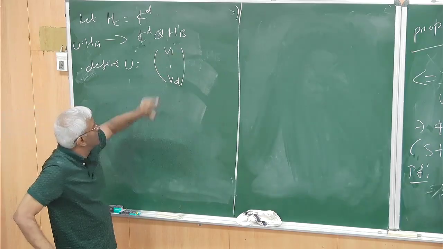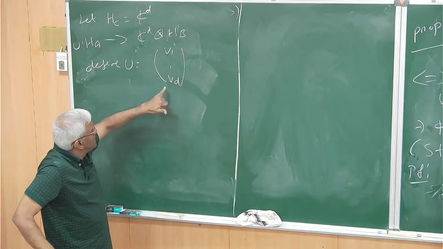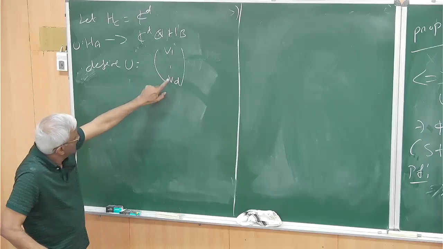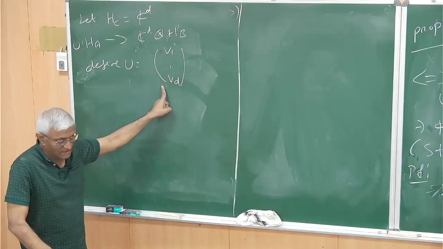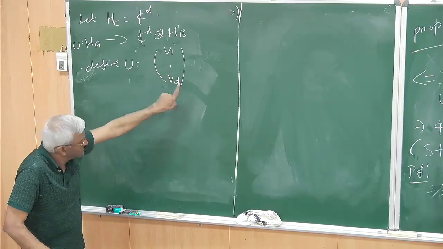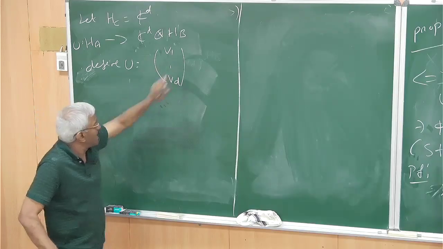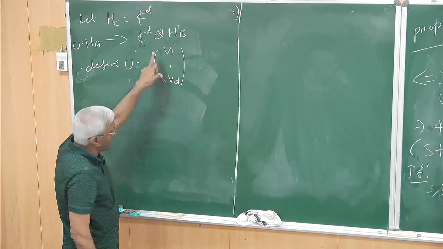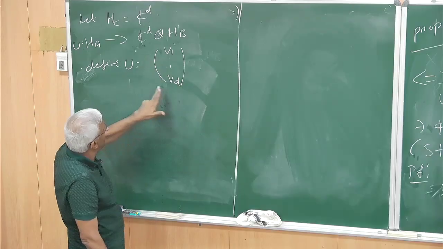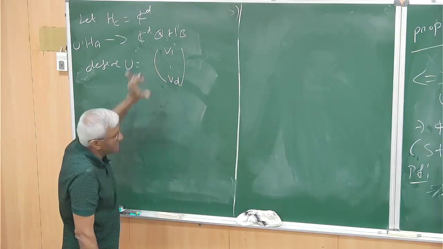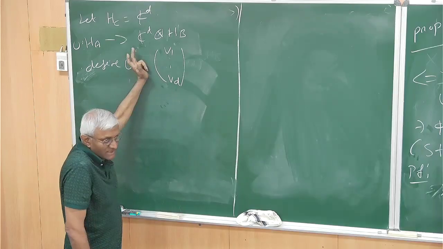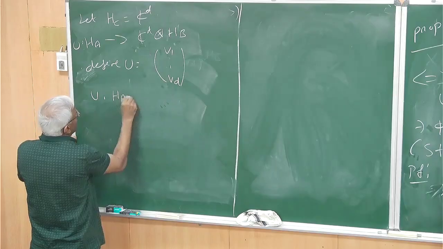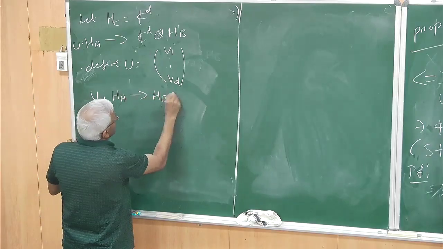Each V_i will land up in d_B times d vector space. It will act on d_A dimension and land up in d_B times d. That's what we want. So this U is a map from H_A to H_B tensor C^D.